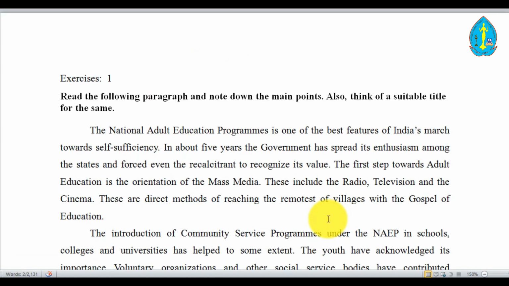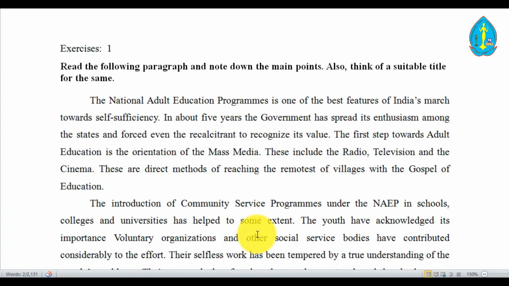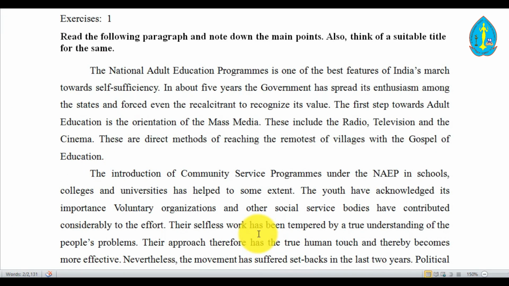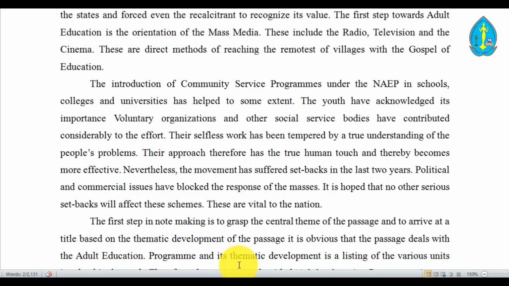And also, I will share this entire video or document in a document. Do read the entire passage and work out the examples. For your information, let me scroll down very slowly. This is exercise number 1.